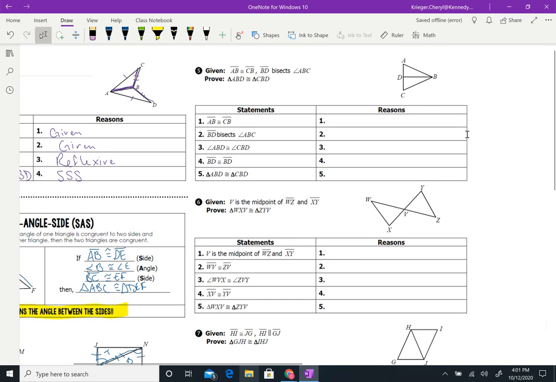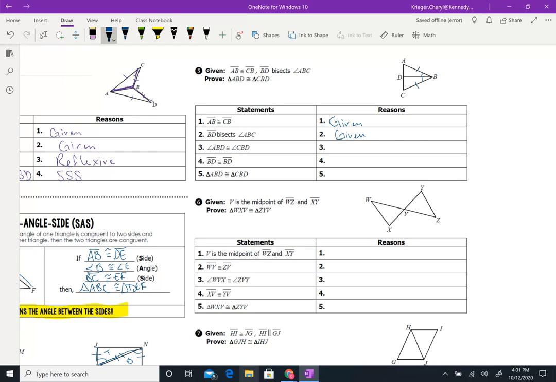Okay, number 5, given AB is congruent to CB and BD, so segment BD bisects angle ABC. That means that these angles are the same measure, right? Because BD is cutting it in half. So we have given, and congruent angles.